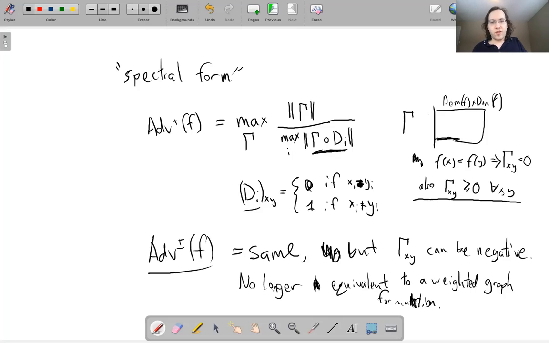And of course, this is a maximization program, so putting this restriction here can only make the optimal objective value smaller, because we're adding a restriction to a maximization problem. So Adv plus minus is a relaxed problem, and therefore it's larger than or equal to. Just from these two definitions, it's clear that Adv plus minus is larger than or equal to Adv plus. And Adv plus, for non-trivial reasons, turns out to equal the other definition, the graph form of the Adv plus.